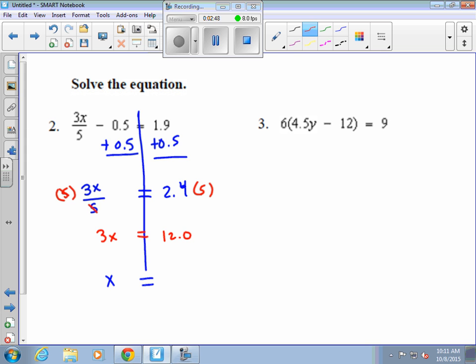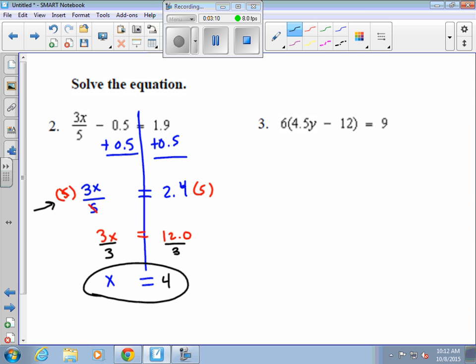And then 3 times x, we undo that by dividing by 3. Do likewise to the other side. 12 divided by 3 is 4. If at this step you changed it to 3/5 times x, you could have multiplied by the reciprocal 5 over 3 and done it in one step instead of two and gotten the same 4.